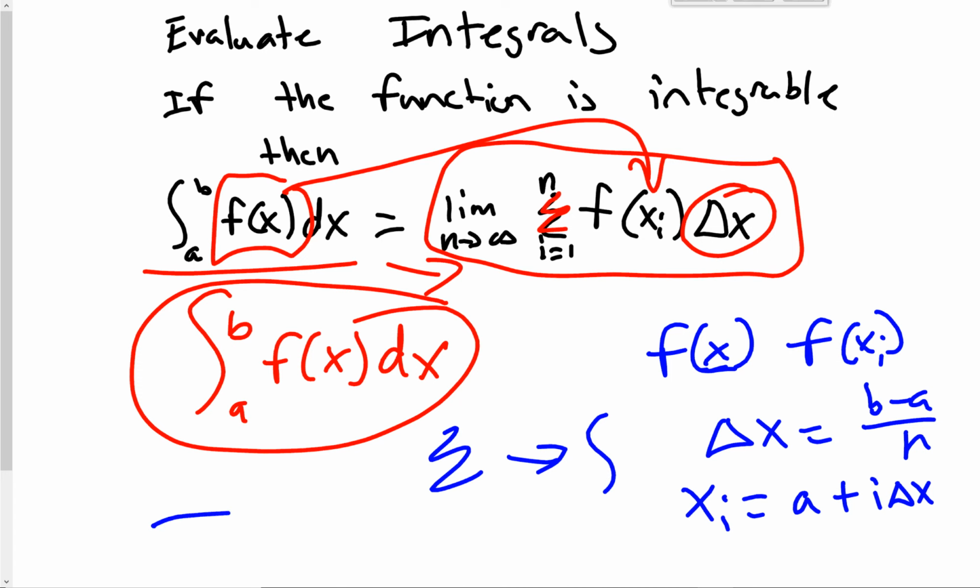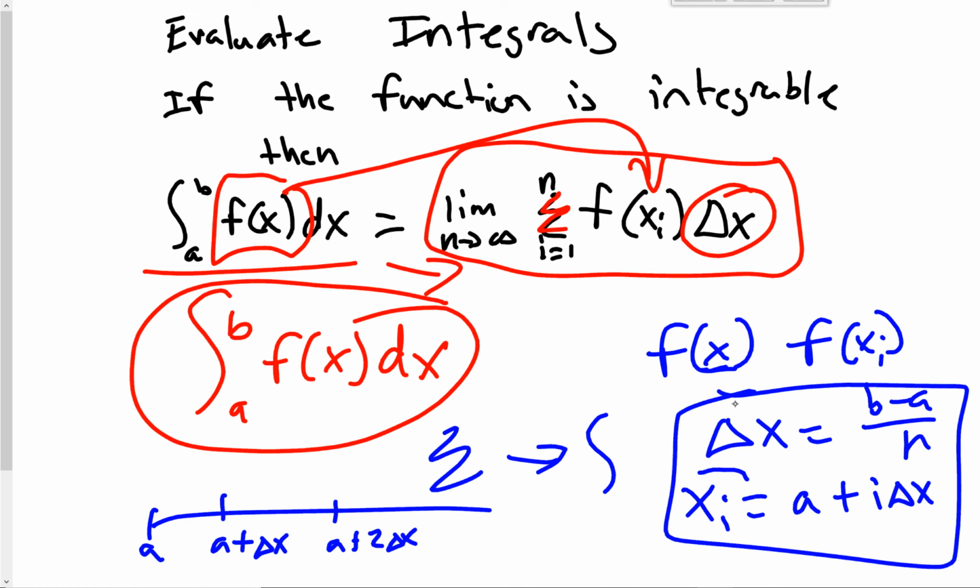Remember, that's how we found our x's: we start at a, then this one would be a plus change in x, and this one would be a plus 2 change in x. So we just have to do these two pieces, and you'll be given the a and b, so you're good there.